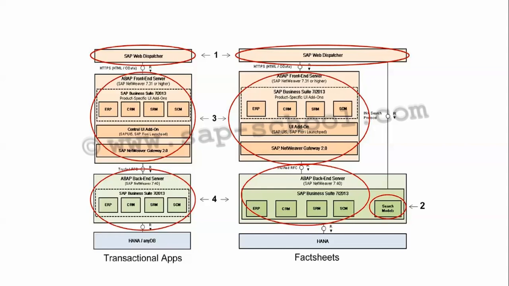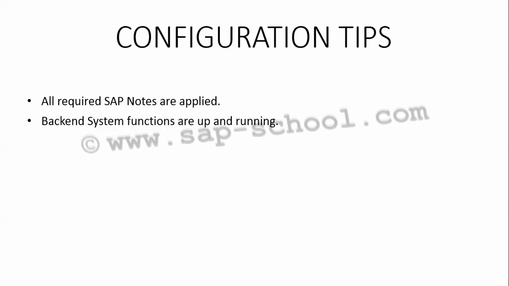Then we have to ask the customers to create the sample data and provide the information like the user ID, transaction code, object ID or the document number, and then the screenshot of the data. Now, these are the configuration tips which are applicable when we are doing the configuration of my SAP Fiori apps. That is basically we have to make sure that all the notes are applied, then the backend system functions are up and running, which we have just discussed.